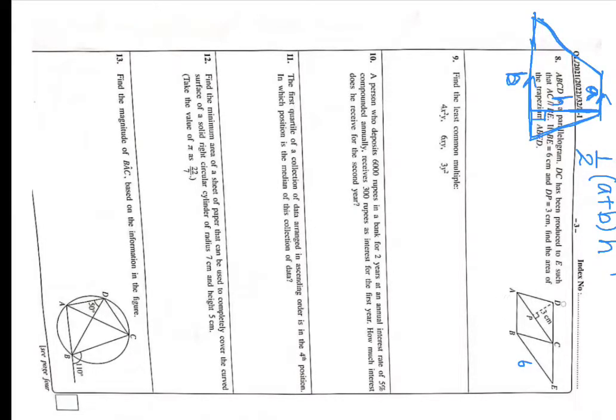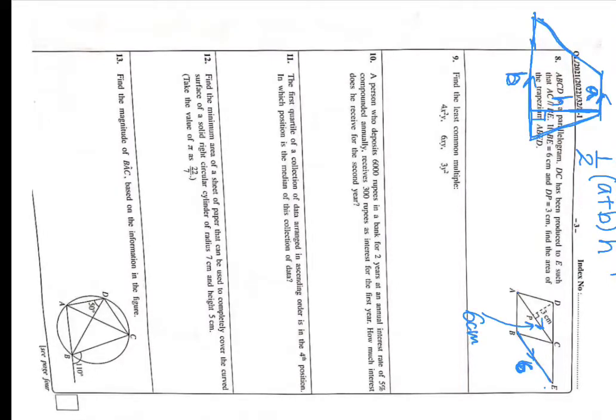Then here, in this trapezium, the two parallel lines are DE and AB. Even though these two are also parallel, the two sides that belong to the trapezium are AB and DE. So how to find those magnitudes? If this side is 6, this is also 6.